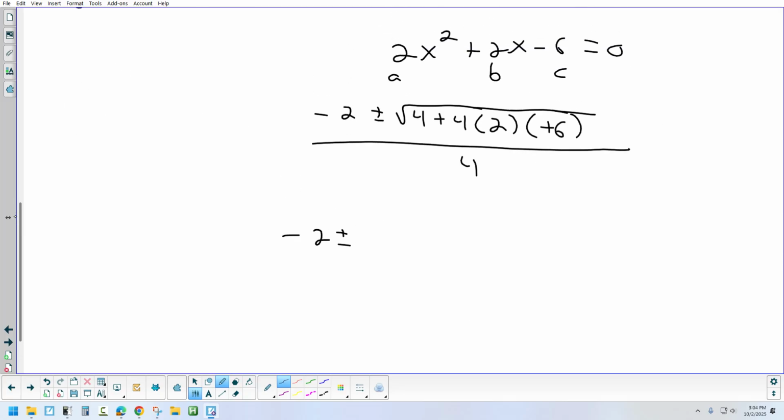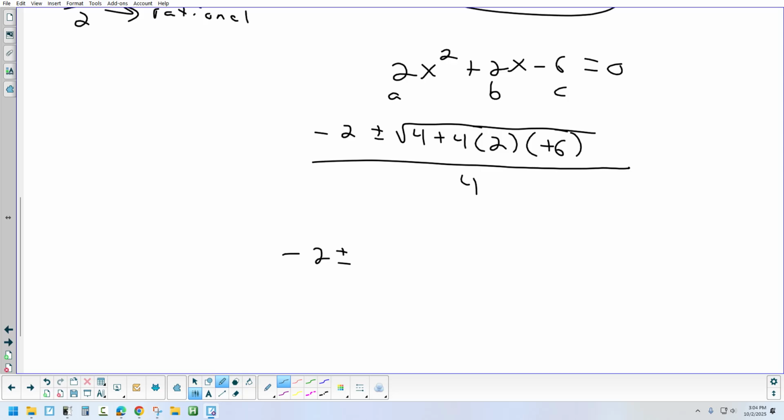We have the square root of, what's 4 times 2 times 6? 48 plus 4 is 52. I think we can reduce the square root of 52. 4 times how much is 52? 13. So we can write it as 2 square roots of 13.